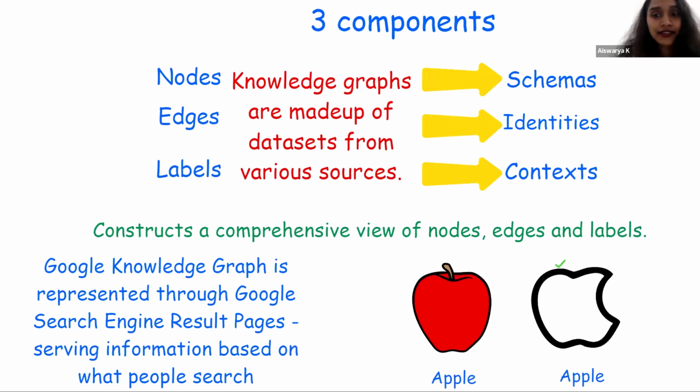Graph neural networks here help Google to determine which entity the user actually wants, whether that is the apple fruit or the apple brand. It ranks the information from the knowledge graph and recommends related searches. Like if I search Einstein, then it will recommend related searches like Einstein's Nobel Prize or relativity theory, etc. So this can be used for powerful features like Google Assistant or Maps or YouTube.